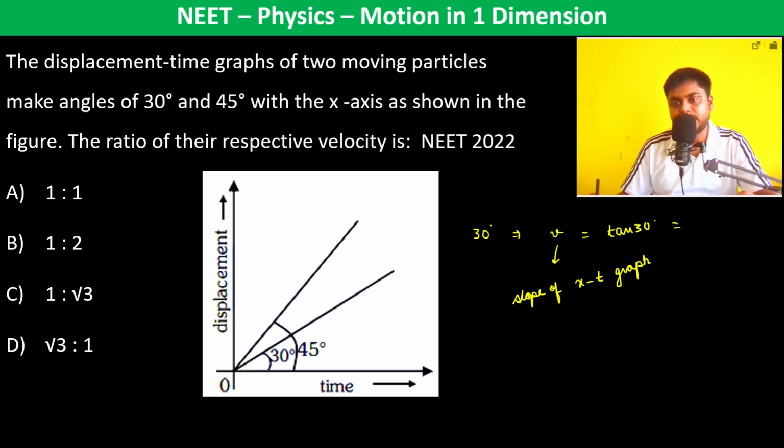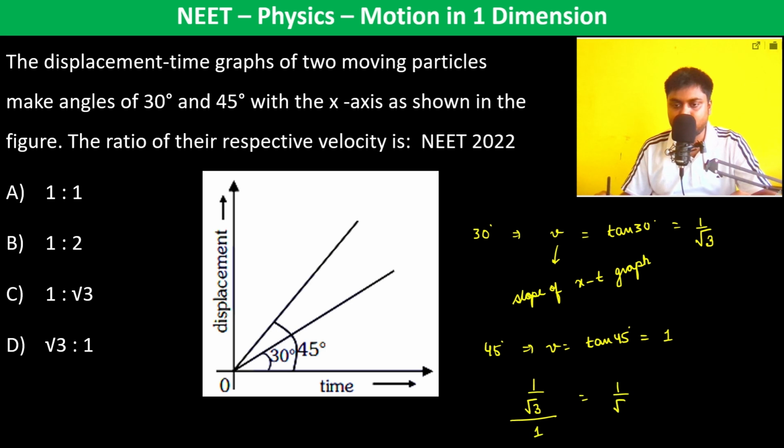So tan 30° is equal to 1/√3. And for 45°, the velocity is going to be tan 45°, which is equal to 1. So therefore the ratio of the respective velocity is 1/√3 divided by 1, which is equal to 1/√3 itself. So therefore C is going to be the answer.